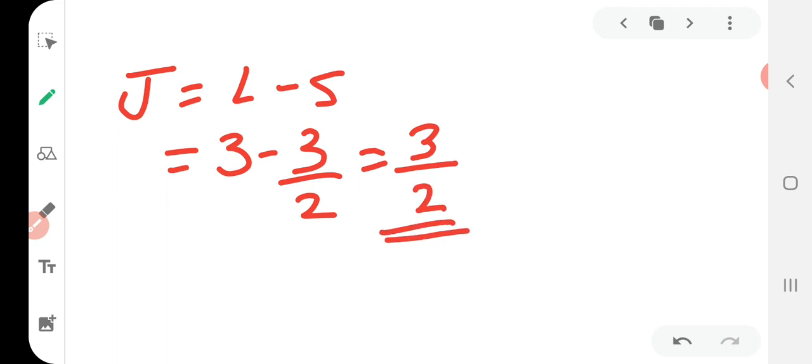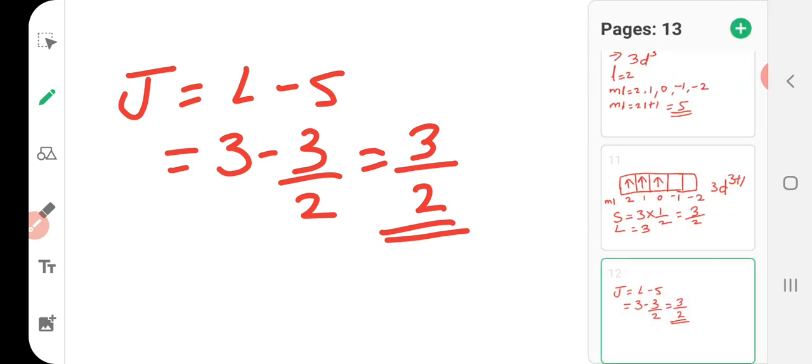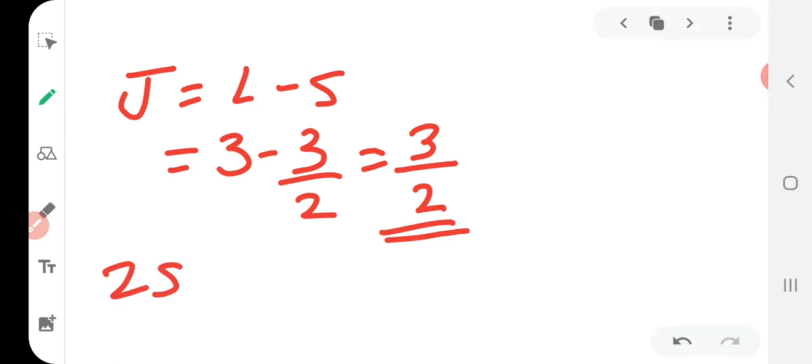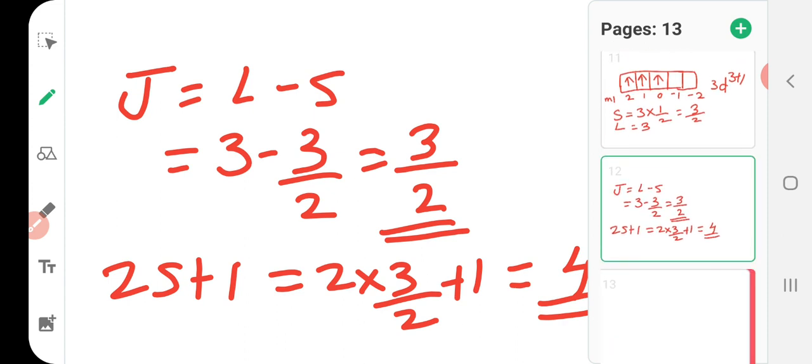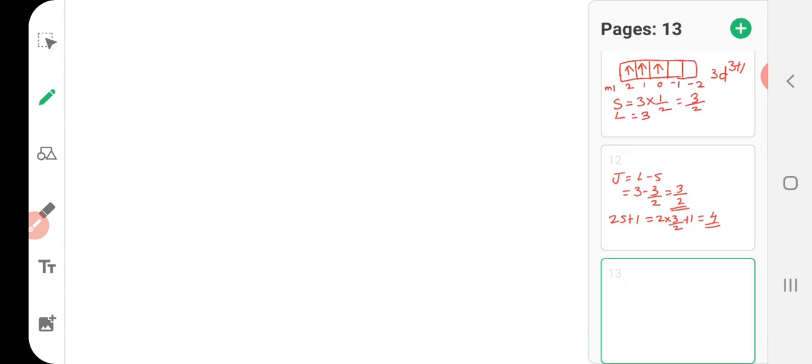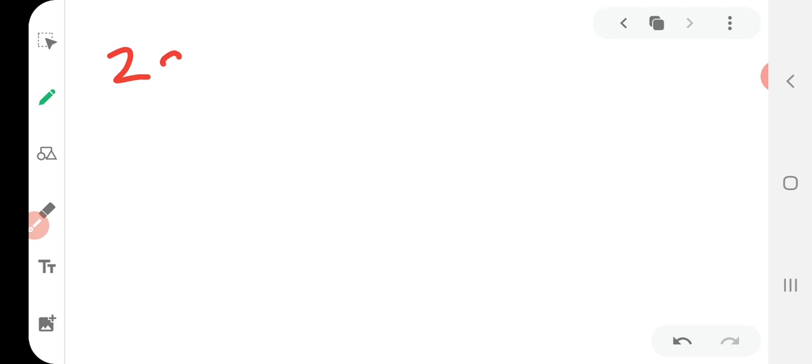So how we can represent this? 2S plus 1, where S is equal to 3 by 2, that is 2 into 3 by 2 plus 1, 4. 2S plus 1 is 4. So we can represent this as 2S plus 1, L, J, that is 2S plus 1 is 4.